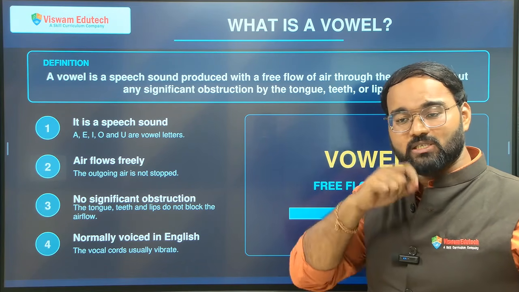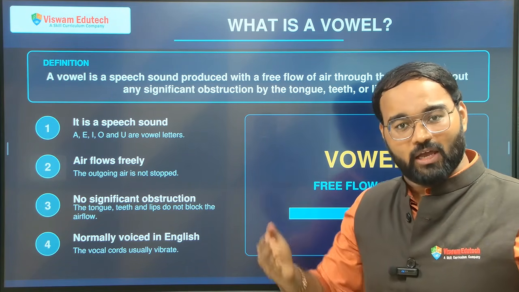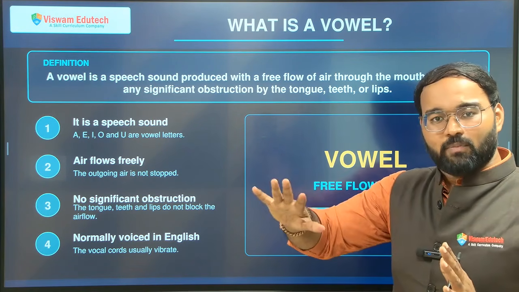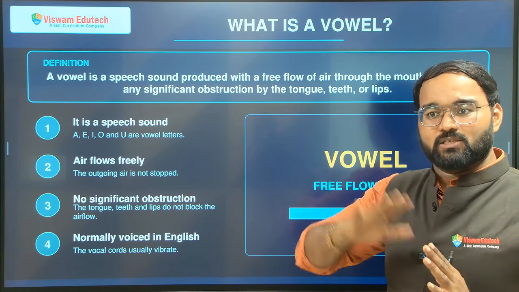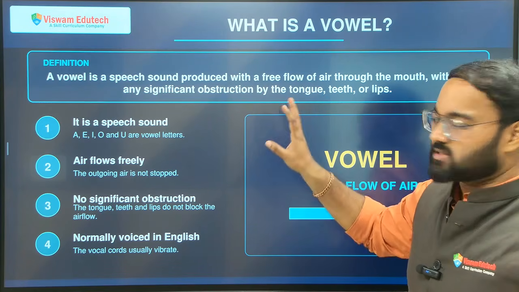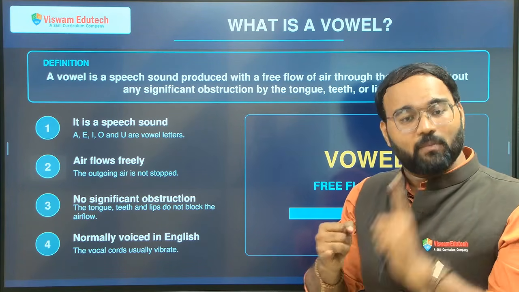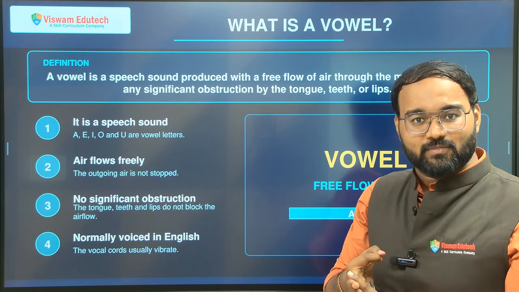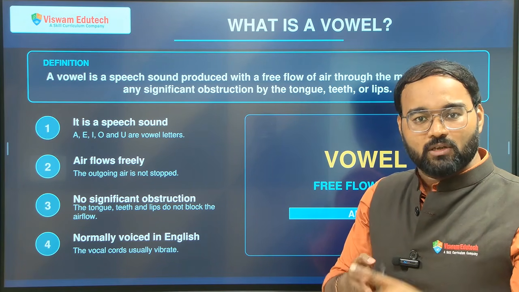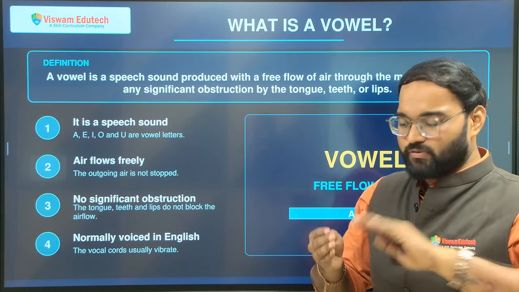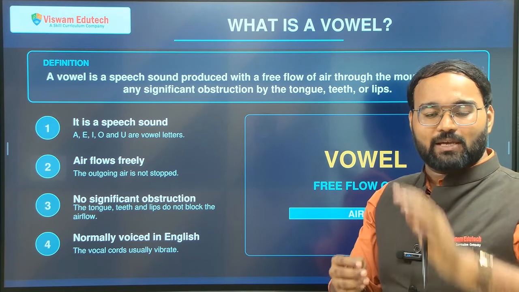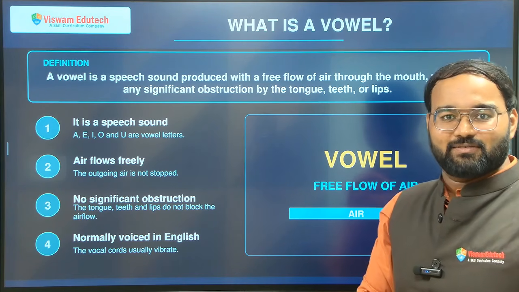For a few alphabets, there is no free flow of air. So the letters which fulfill these categories: tongue not touching the upper part of the mouth, no obstruction, free flow of air, and vocal sounds. These letters which fulfill these cases, they are separated as vowels.